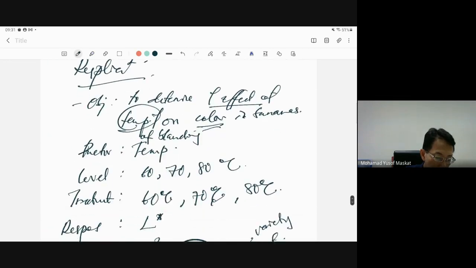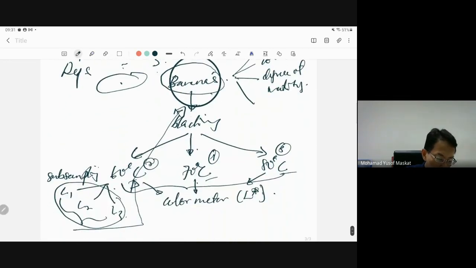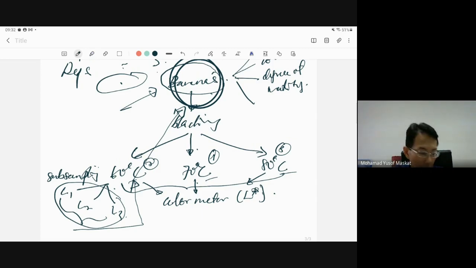Replication means that you have to start from here, 3 times. Then you will get data representative of the population of bananas. If not, you will only get a representative of that particular batch of bananas, not the population of bananas. So that is about replication. Any questions?